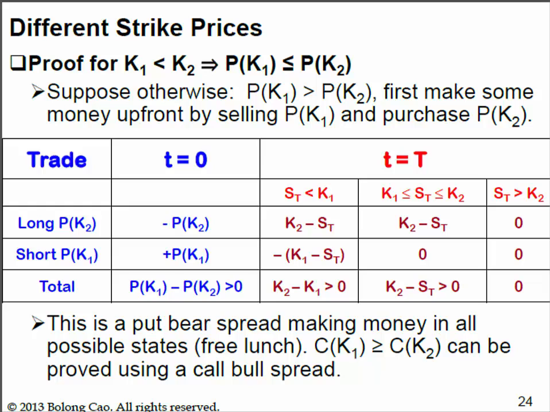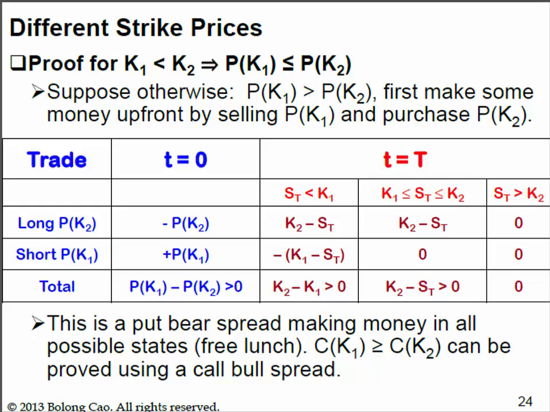The last column, let's think about when the underlying price goes beyond the high strike. Now even the high strike put is out of the money. Neither of my long or short puts are in the money. Both payoffs are zero, so I got zero payoff in total. So what we can conclude now?